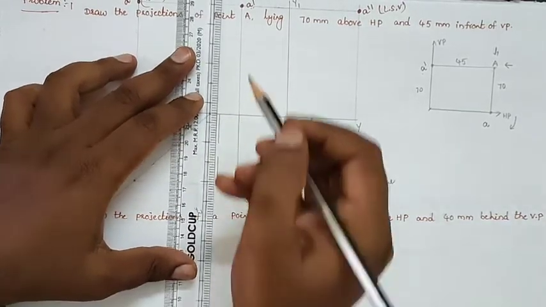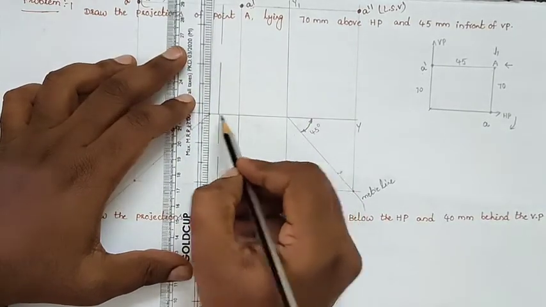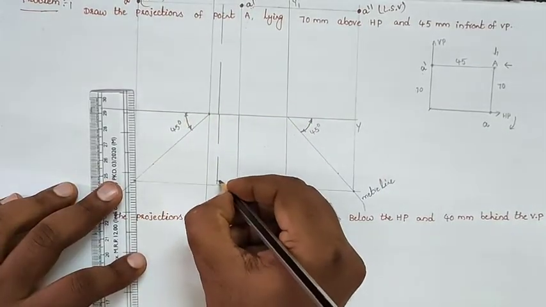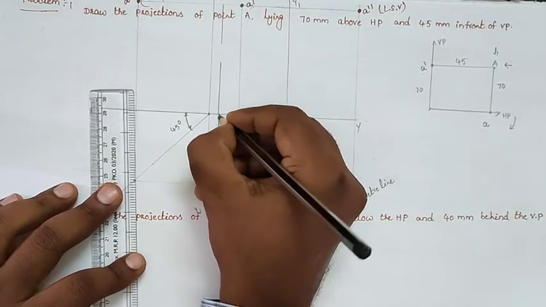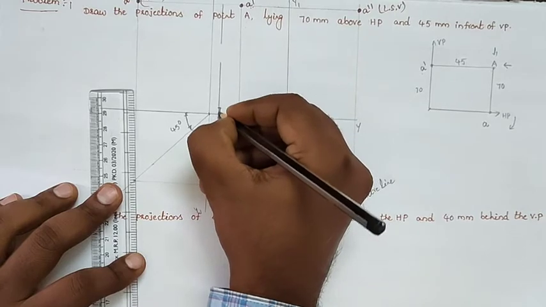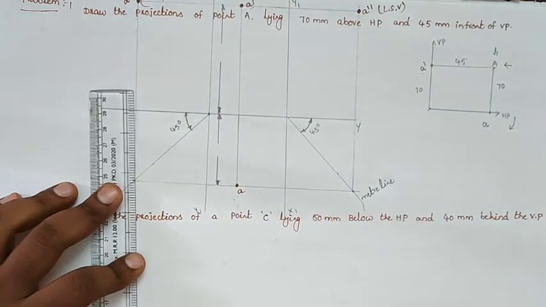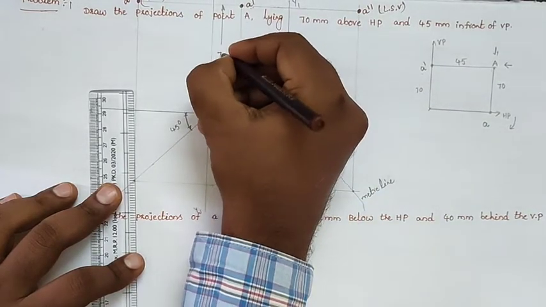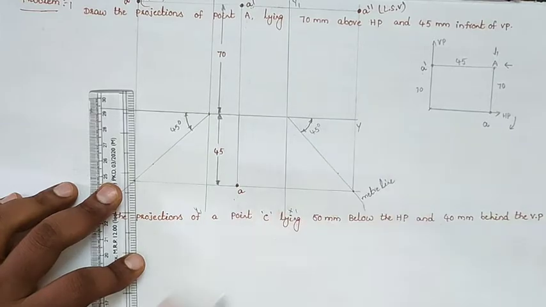Those values we can represent here. From the outline, we will draw a 10 mm distance, or 8 to 10 mm distance, and we will draw the dimension line and write the dimension value. So this dimension, they are clearly giving, is 70 and this is 45 mm.